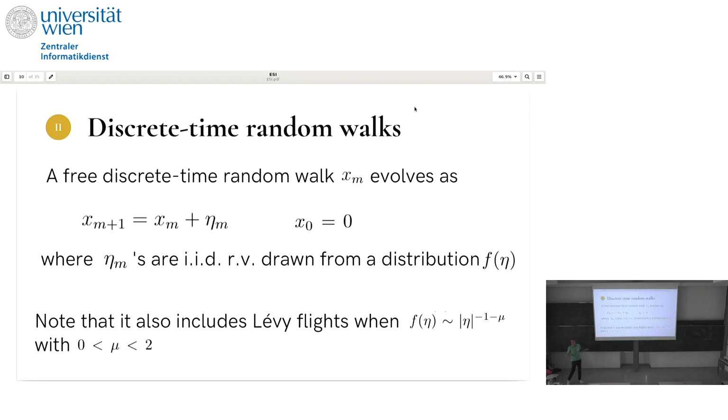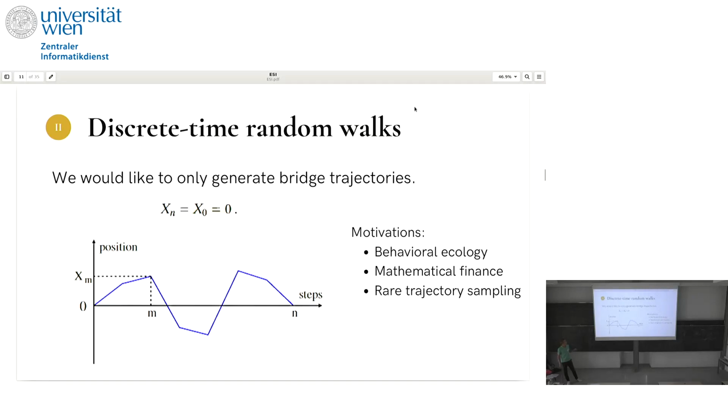It can also be a discrete one to include discrete space processes. Okay. So what we want to do is to generate only bridge trajectories. So we fix some discrete time horizon little l, and we want the process to return to the origin by this time. So a typical bridge trajectory looks like this. It returns after little n steps to the origin.